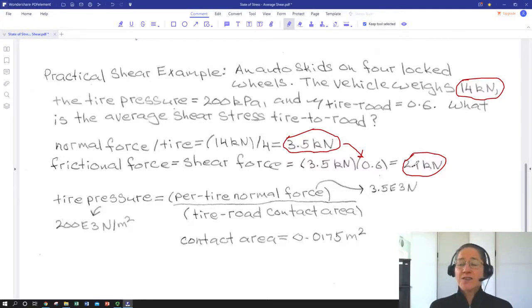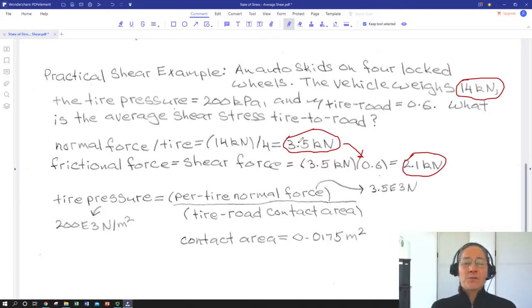So shear stress is just that divided by whatever area we have. Well, we can get the area back through the definition of pressure. The tire pressure is 200 kilopascals. So that means there's 200 times 10 to the third newtons of force per every square meter of contact area of tire per tire.